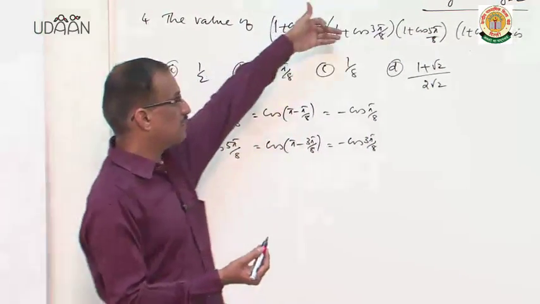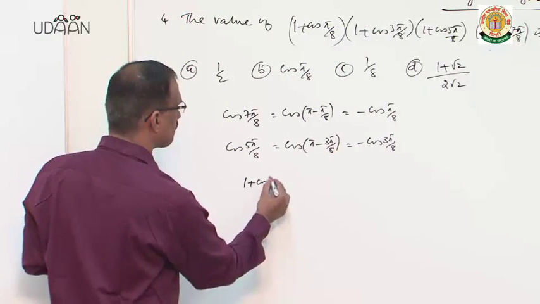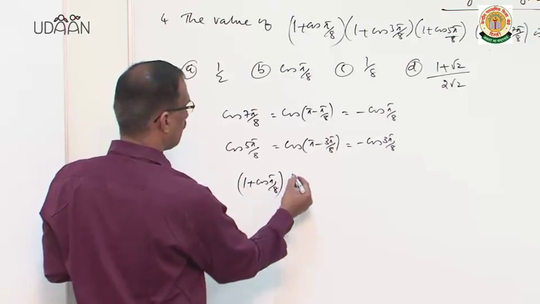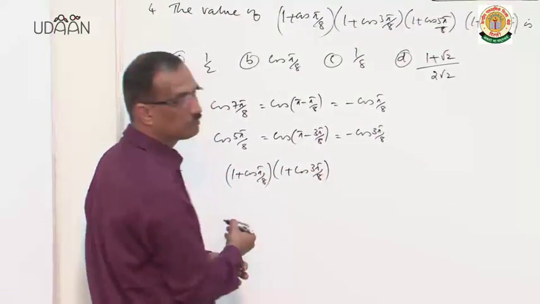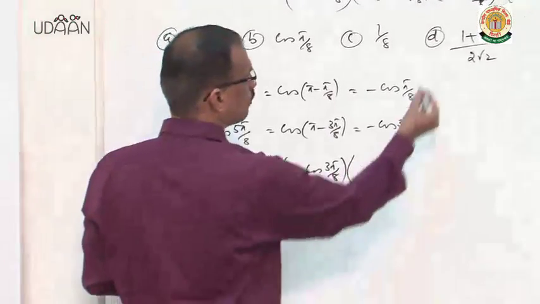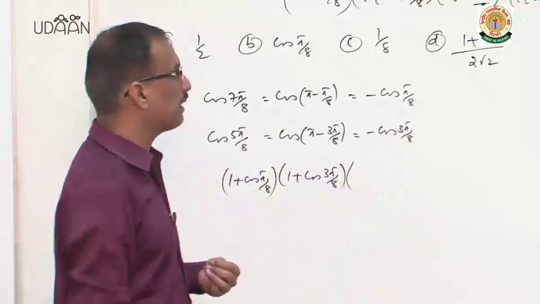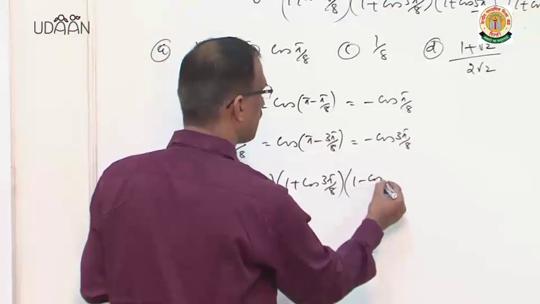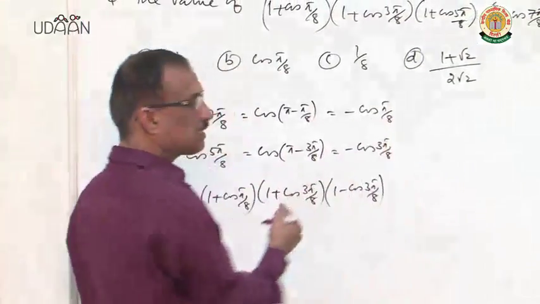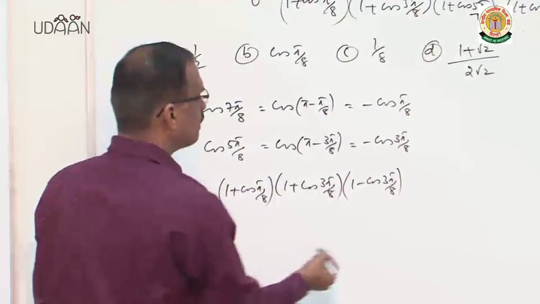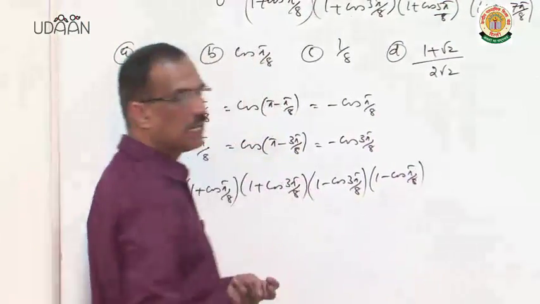So, now replace these values in that. So, what you will get? 1 plus cos pi by 8 into 1 plus cos 3 pi by 8 into, we know cos 5 pi by 8 is minus cos 3 pi by 8. So, this gives us 1 minus cos 3 pi by 8, and 7 pi by 8 is minus cos pi by 8. So, this will give us 1 minus cos pi by 8.